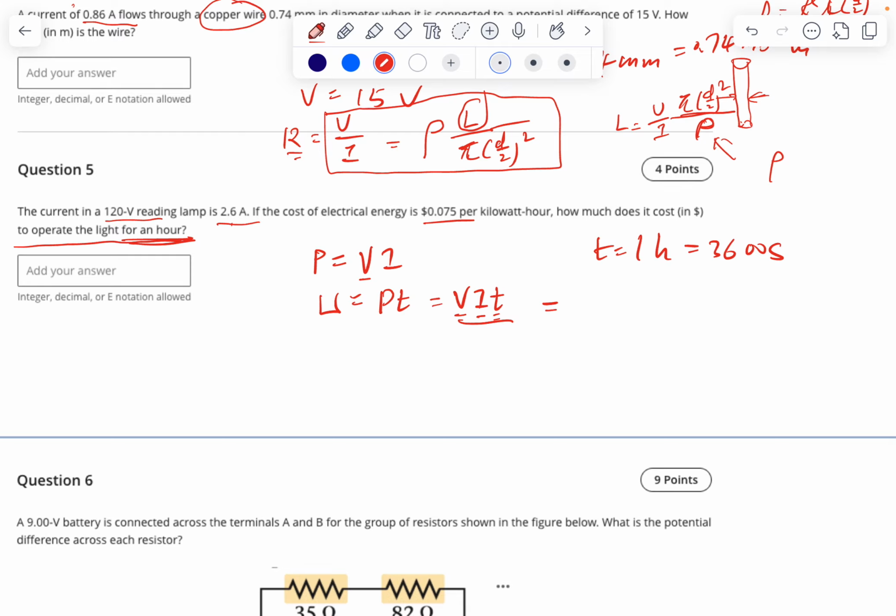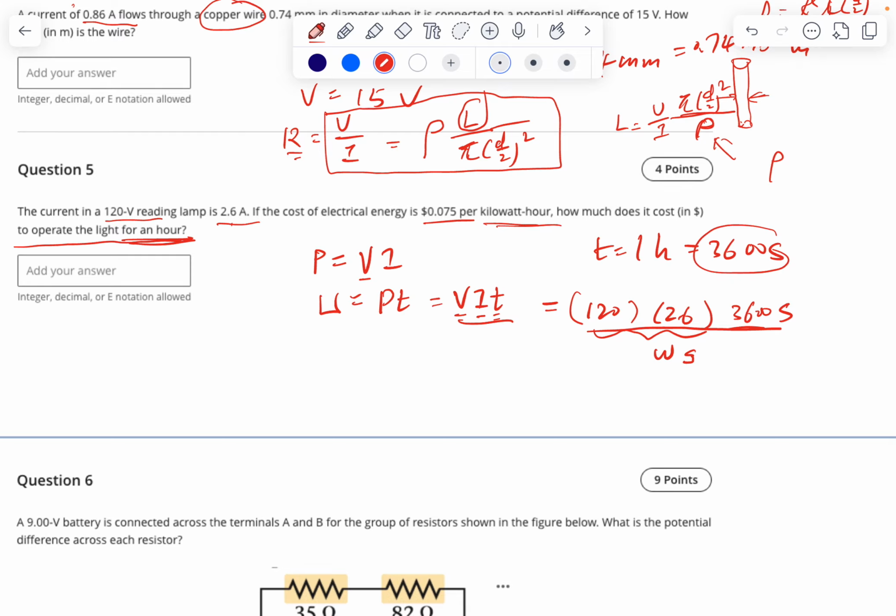So you get 120 times 2.6 amp, and whatever you get here is watts. Then you times 3600 seconds, and that reading would be watt seconds. No, you don't have to turn it into seconds, because we're looking for kilowatt hours.